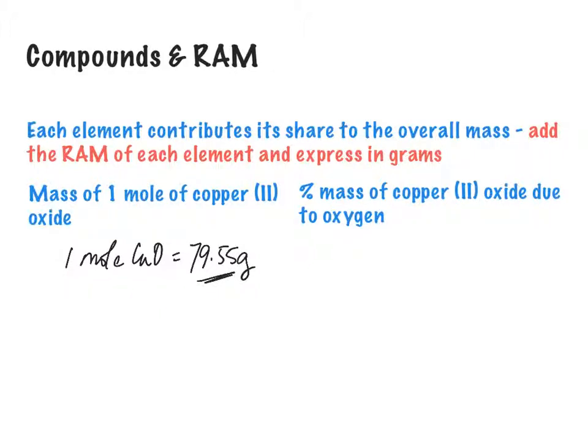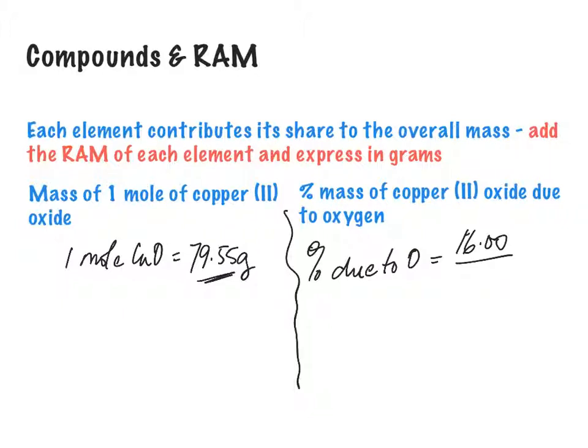The question now asks us, what percentage of this is due to oxygen? We know that the percentage due to O is equal to the mass, or the RAM of oxygen, which is 16.00, over 79.55, the total mass of my substance, times 100.